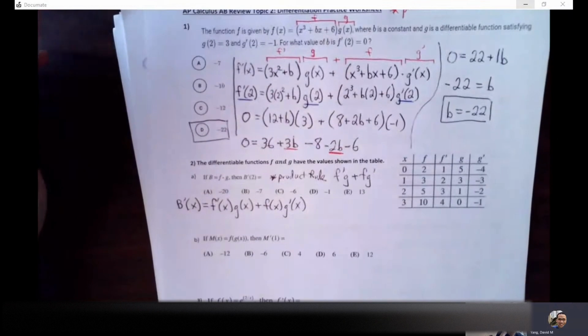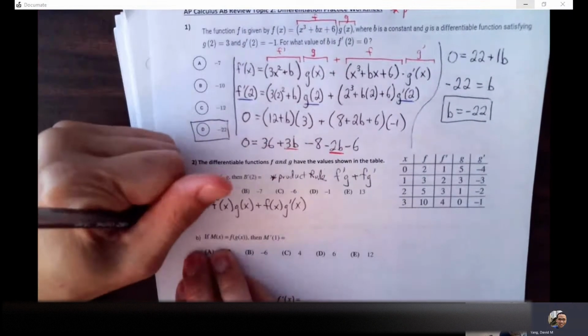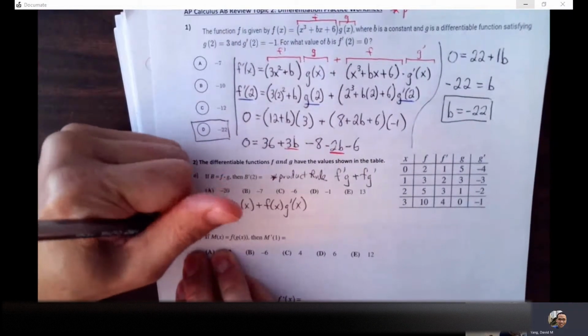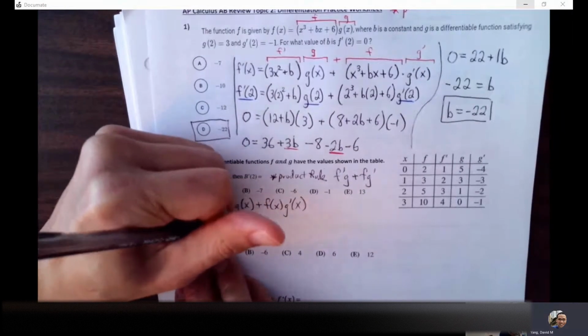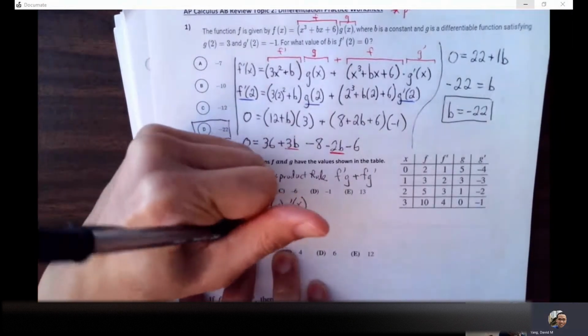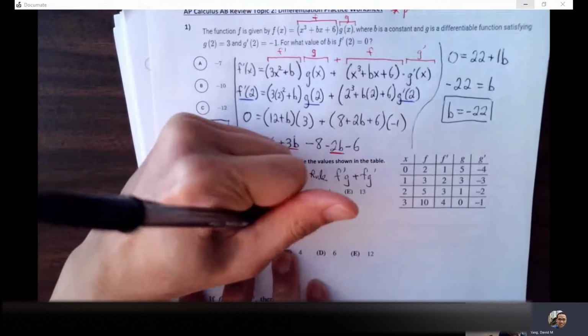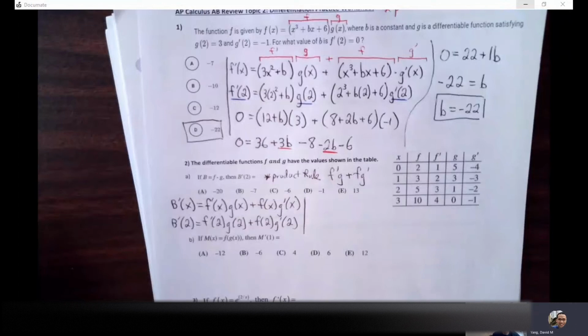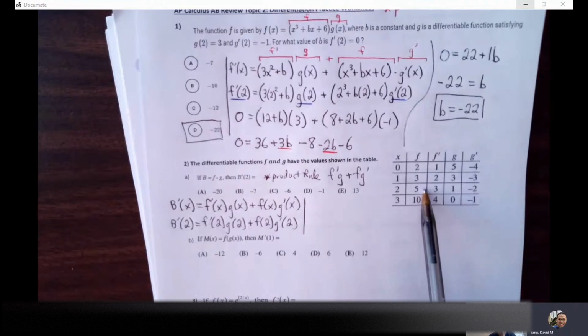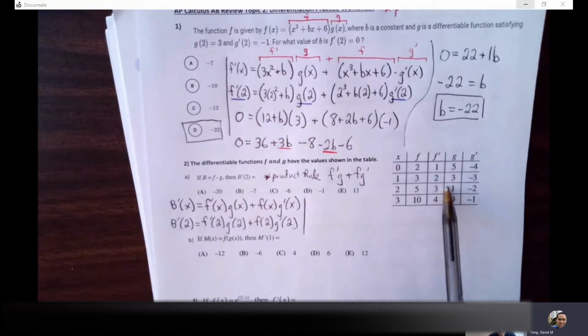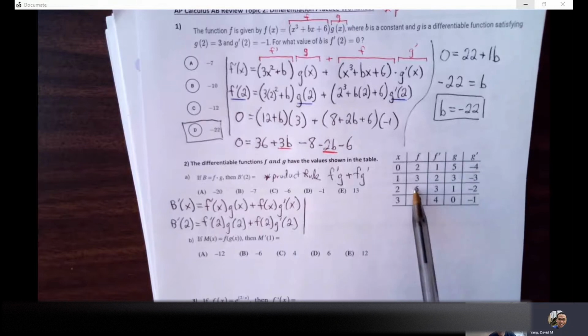All right, replace every x we see with 2. So now let's see what information we can gather from our table. F prime of 2 is 3. G of 2 is 1. F of 2 is 5.